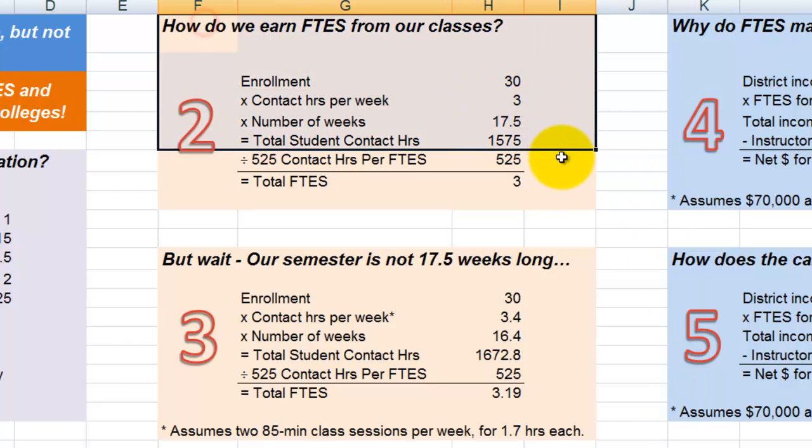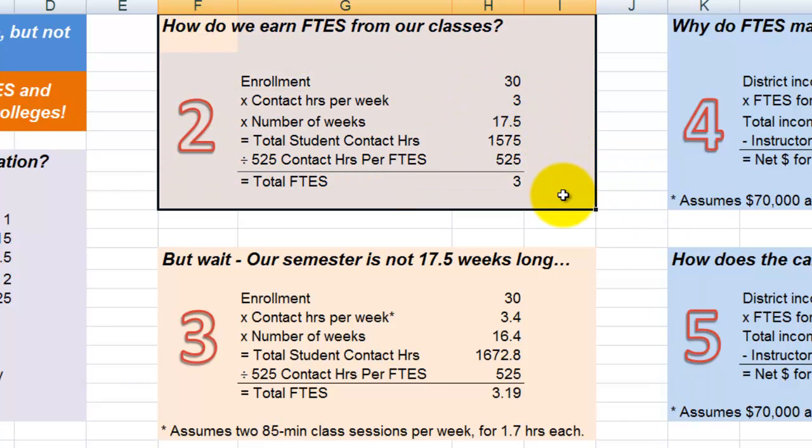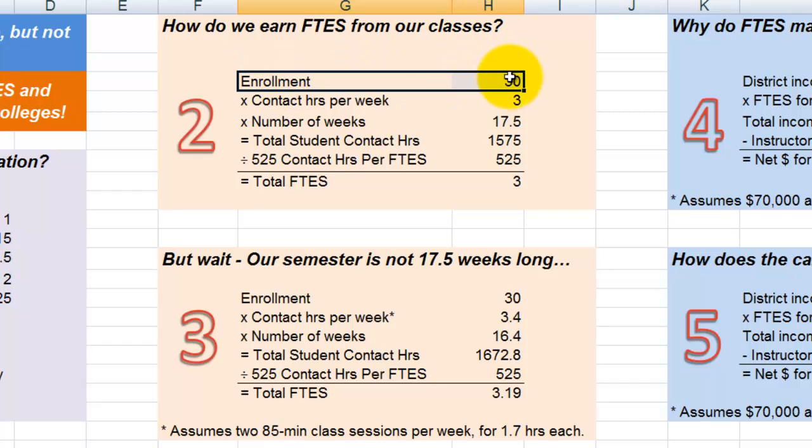Okay, so let's scroll over here to this pink box. How do we earn FTES in our classes? Pretty simple, just multiplying some things together. You start off with the enrollment, so maybe you have 30 students enrolled, and then you multiply that by the contact hours per week. Again, we're in a traditional semester example: 3 hours a week, it's 3 50-minute sessions, or 2 75-minute sessions.